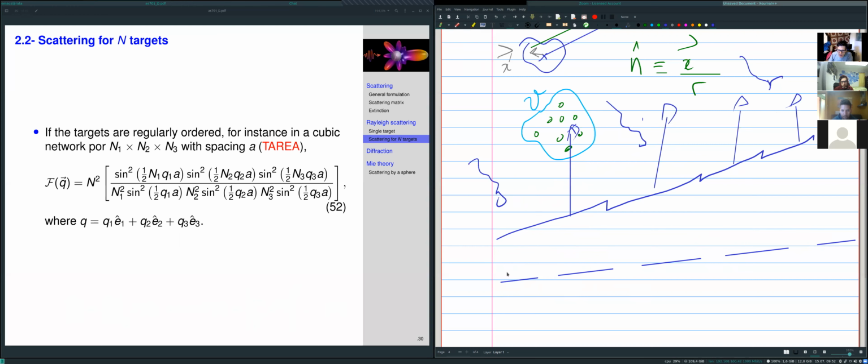We have holes separated by a distance d with a size a. So this is d, this is a. In this case d and the size a are almost equal. But the idea, long story short, is that the case of a cubic network is the general case for a crystal lattice, but it's also relevant in astronomy for two reasons.